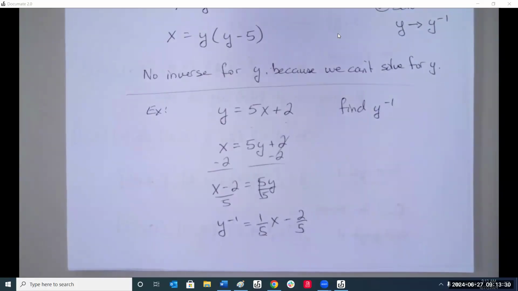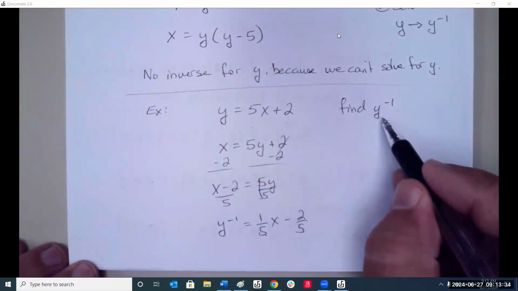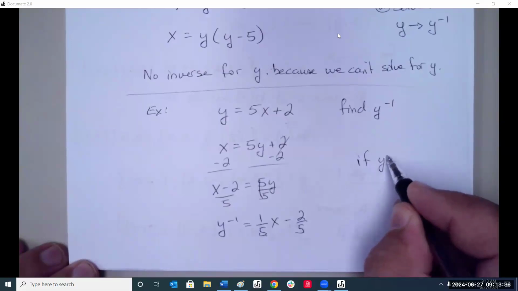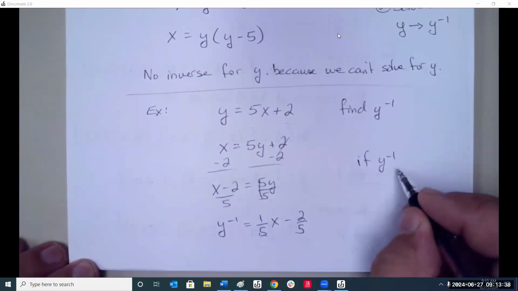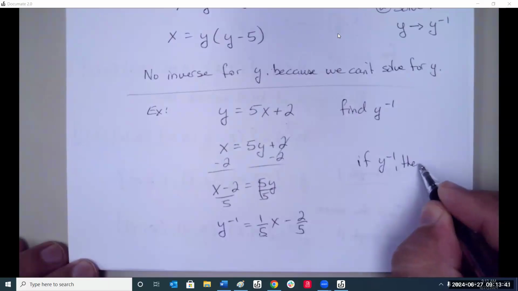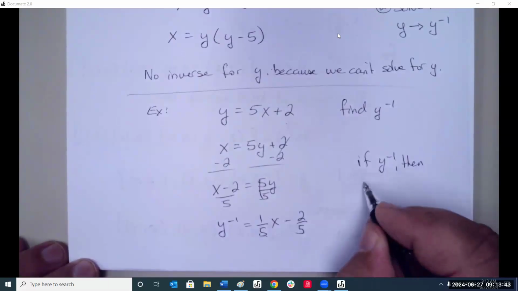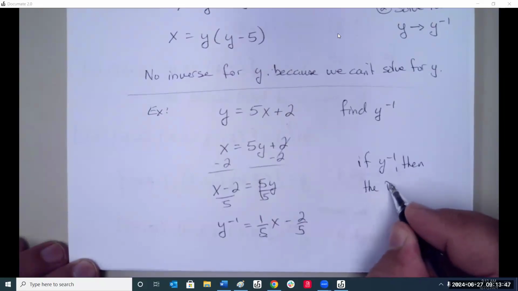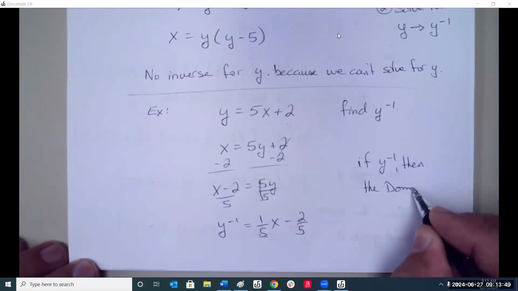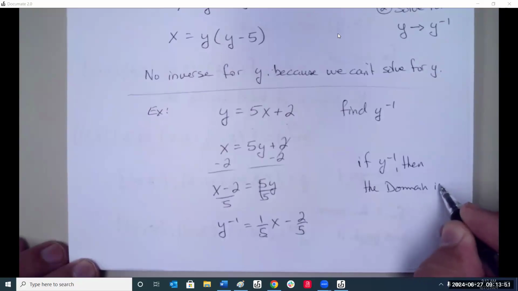The domain is already infinity. I'm glad you said that because if the inverse exists, then the domain is defined.